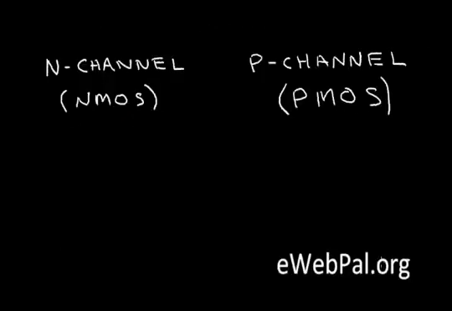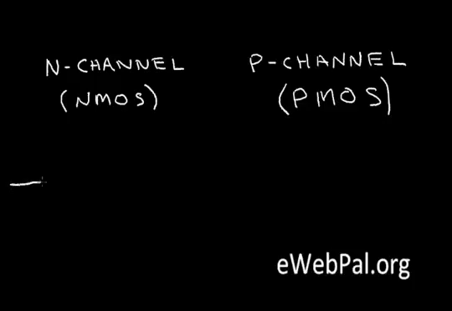There are two basic types of MOSFET transistors. We have the N-channel, which is also called an NMOS transistor, and we have the P-channel transistor, which is also called PMOS. So let's investigate the structure of the N-channel and the P-channel.